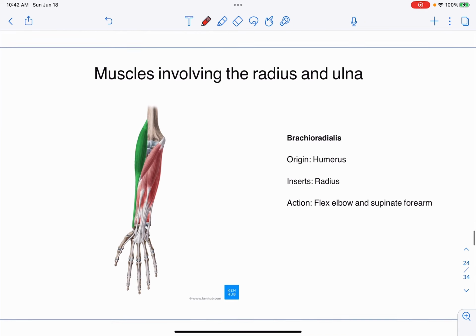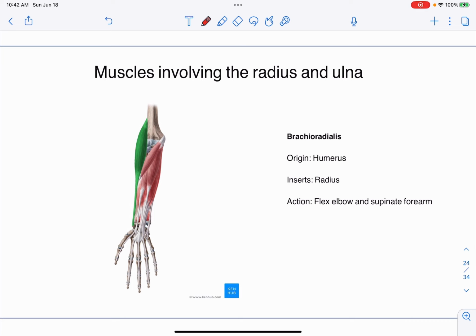The brachioradialis sits along the radius bone, and it originates at the humerus, inserts into the radius, and it also spans two joints. It spans the elbow as well as the wrist, so you can have flexion at the elbow and you can supinate the forearm.